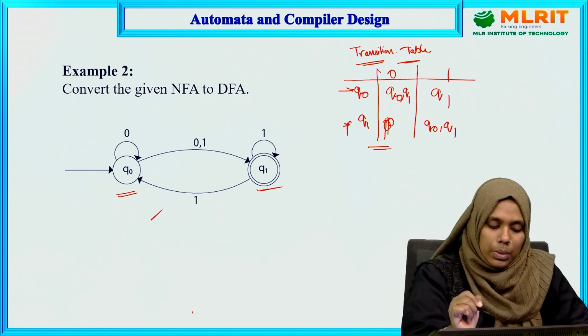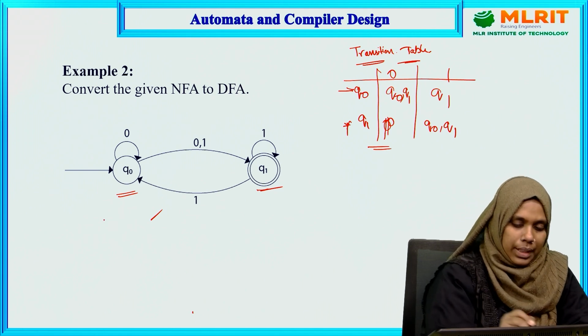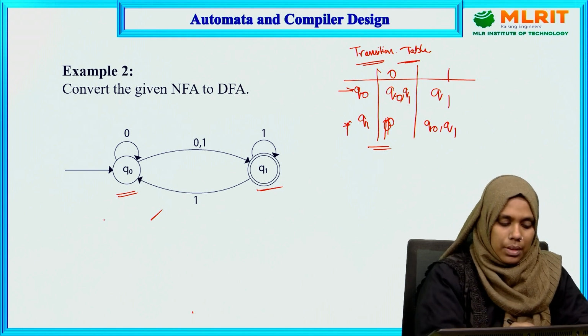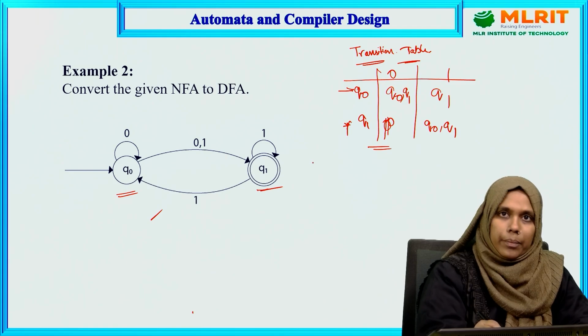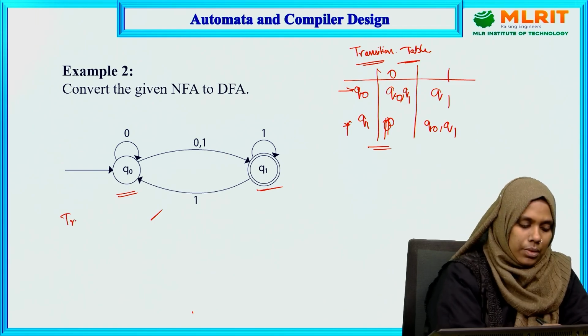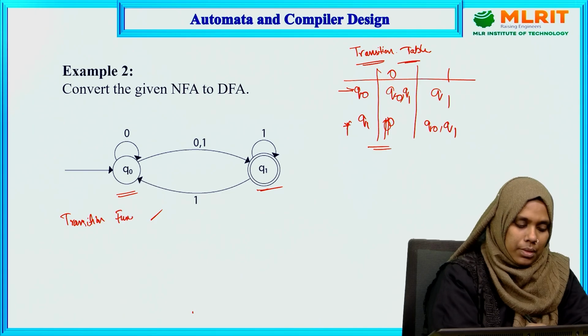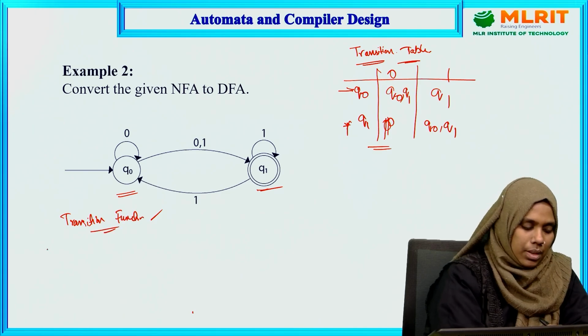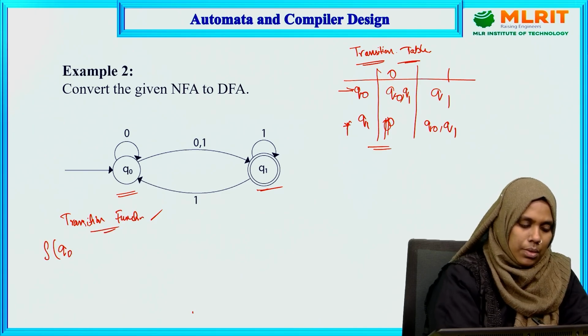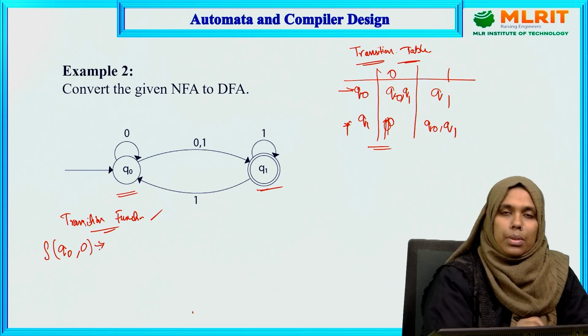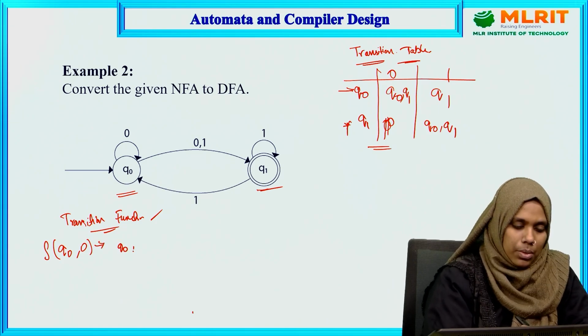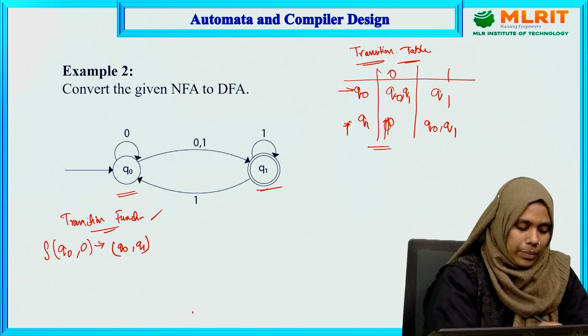So this is the transition table for the above transition diagram. Now what do we have to do? We have to write a transition function. So the transition function consists of what? Transition of q0 of 0 is nothing but q0 comma q1.